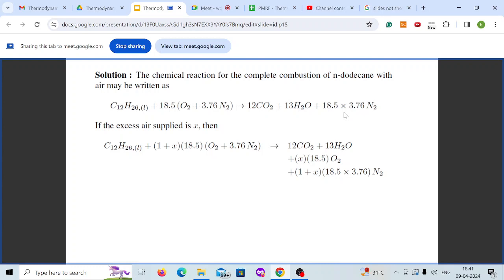If x moles of excess air is supplied, so 1 plus x into 18.5, the new equation will have the same 12 carbon dioxide and 13 water. You have x into 18.5 moles of oxygen present in excess, and 1 plus x into 18.5 into 3.76 moles of nitrogen.